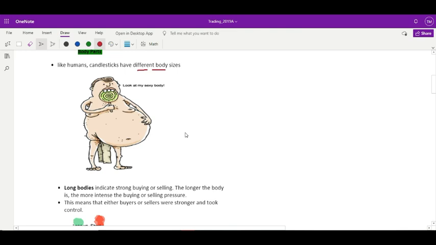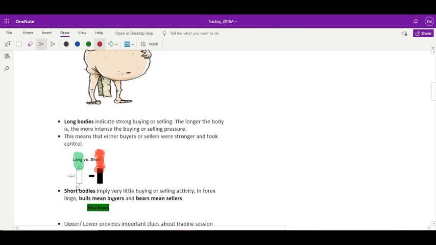If you're slim in general, if you're fit, it shows that you care about your diet. That's the same thing with candlesticks. They describe something that is happening, right? In terms of candlesticks, you can have small bodies, large bodies, like what you can see from here, right?